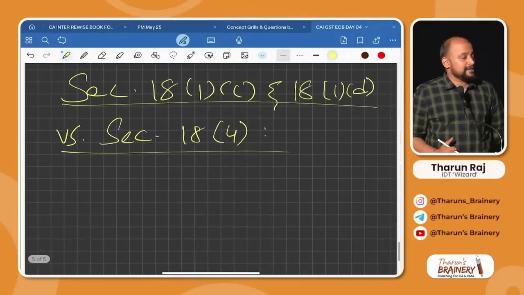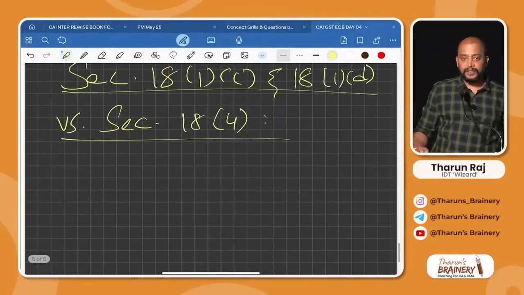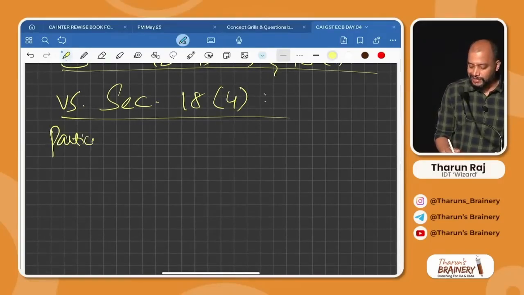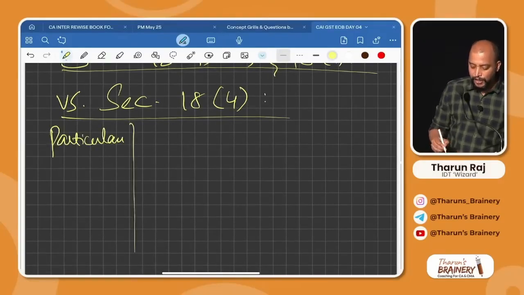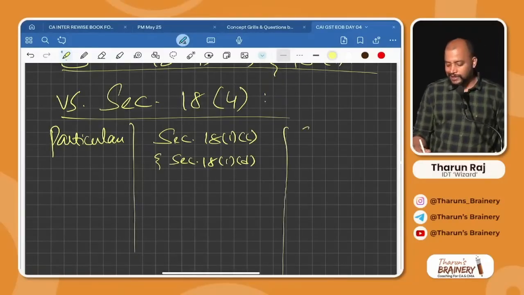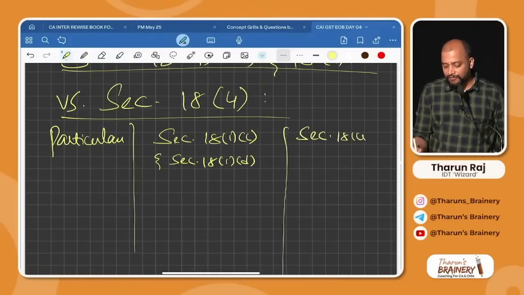You prepare a table: particulars, a small column, then section 18(1)(c) and 18(1)(d), next column 18 subsection 4.